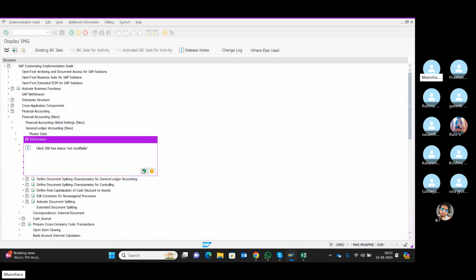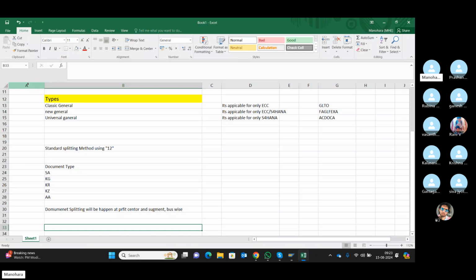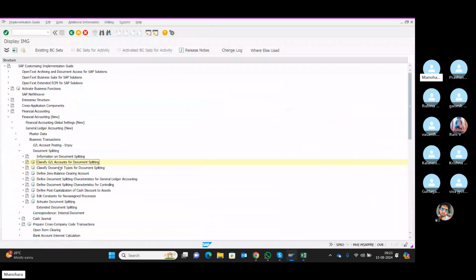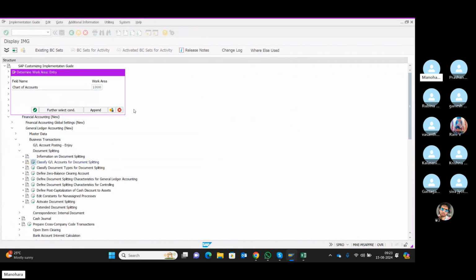We have some accounting groups. This is the first configuration, and we have some configuration steps. First is classify GL accounts for document splitting. We have to classify the documents and the accounting groups, and where they come in.